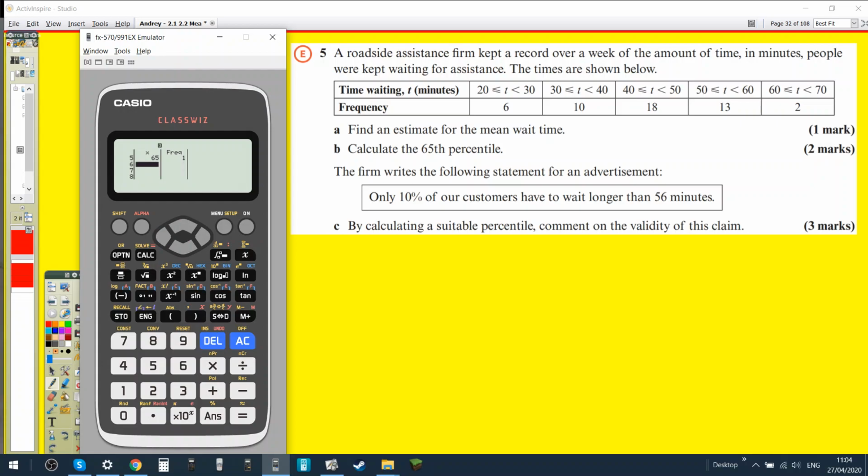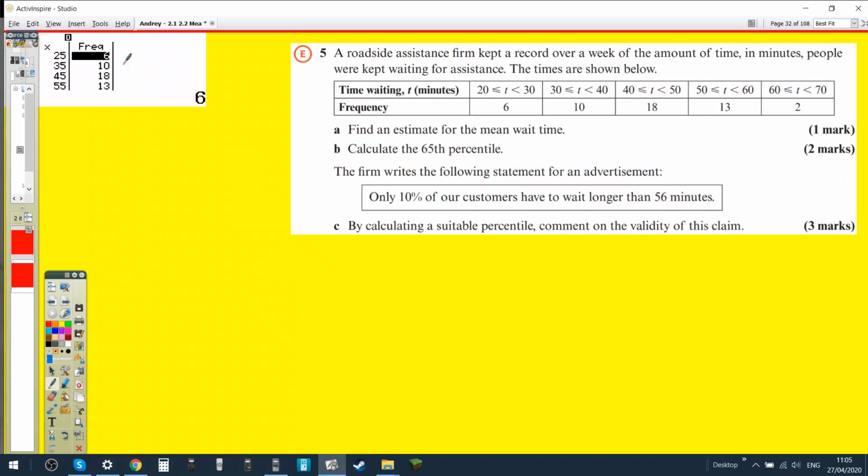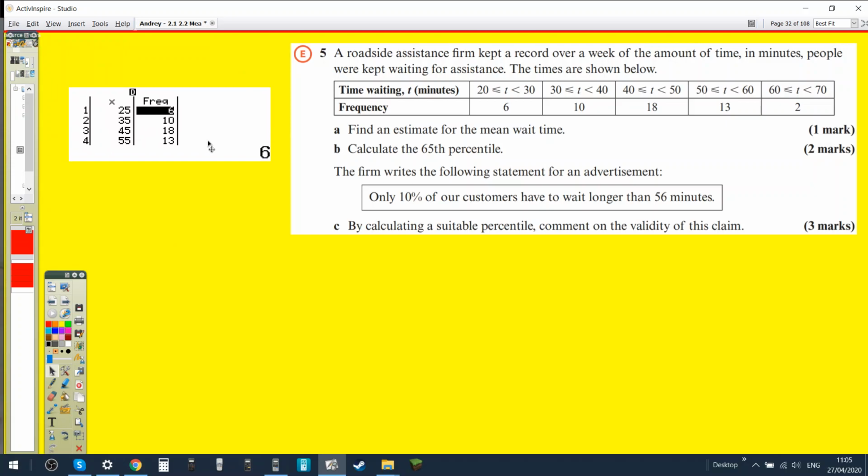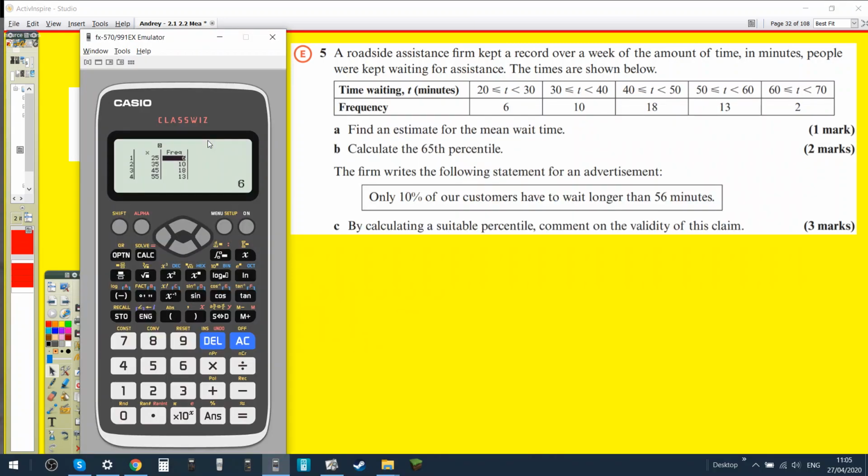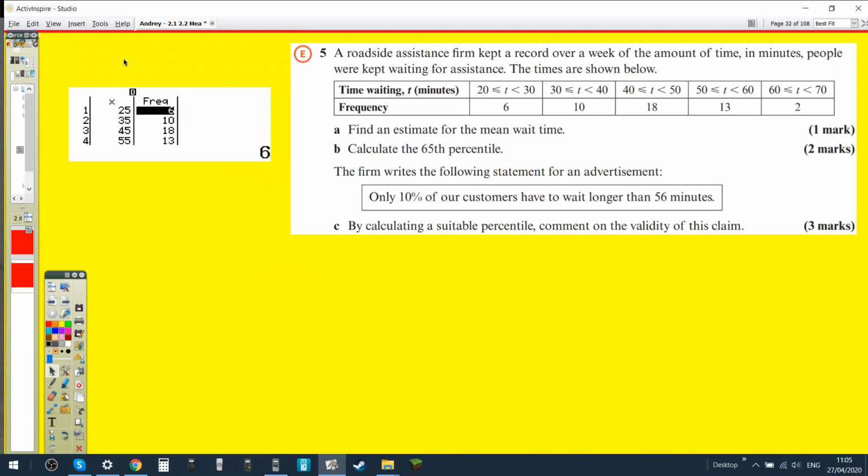Make sure you delete your other stuff. So what's the mean, the thing with the x, the line on top?